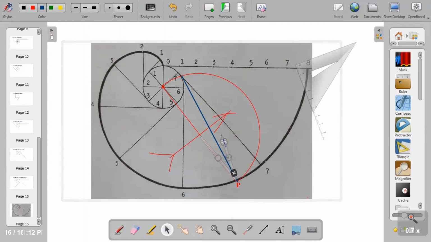I'll just pick any convenient radius, then I'll draw an arc from point P. So now this is the arc.